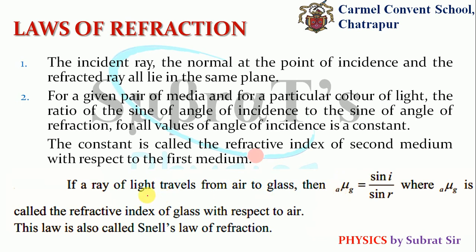Now, if a ray of light travels from air to glass, what will happen? It can be written as aμg, because refractive index is given by mu.